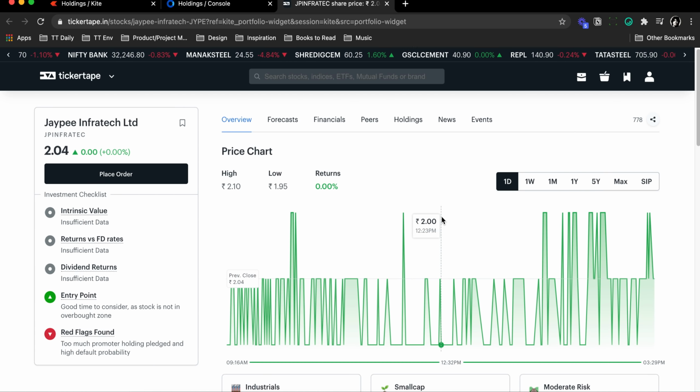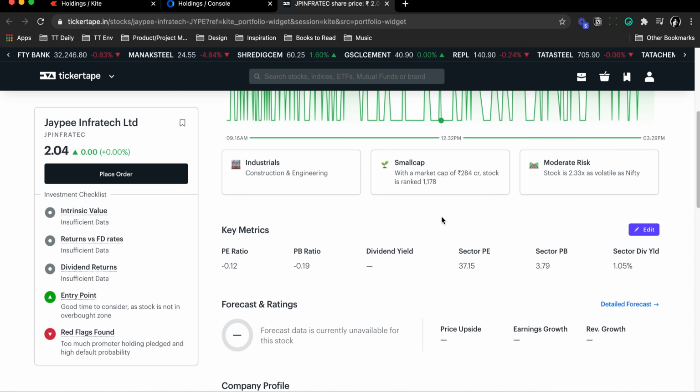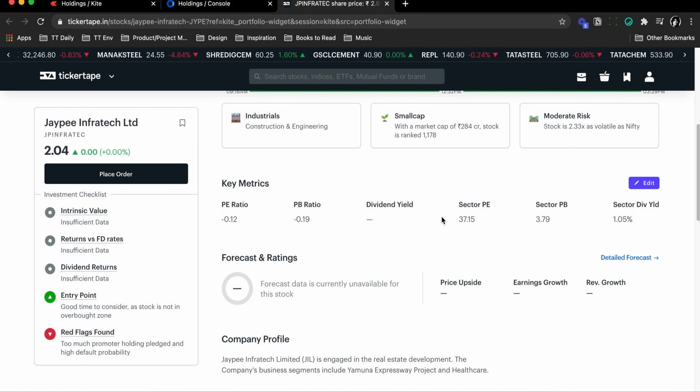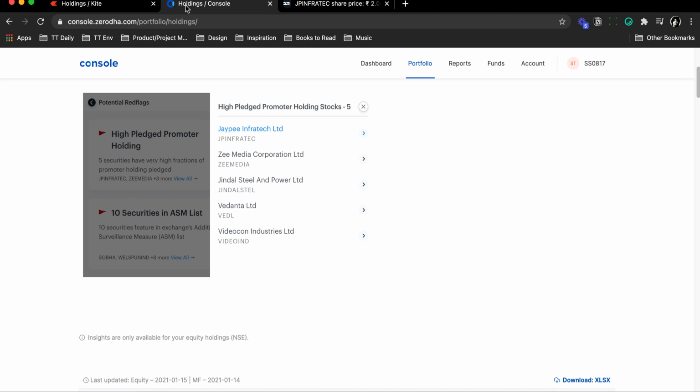You can get a clear overview of the stock, and we present a lot of information about the stock in a very meaningful way for investors. So coming back, like I was mentioning, we have around 5 stocks or companies that fall under the high pledge promoter holding section, right?